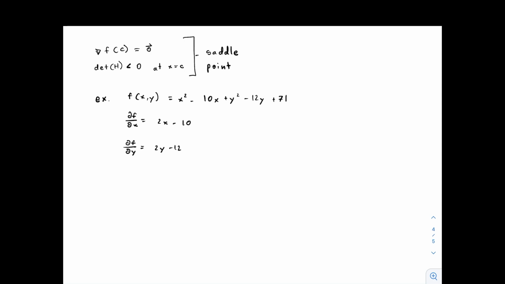Being a little bit lazy about notation, if we set this equal to 0 and this equal to 0, the reason I'm being a little bit lazy about notation is because there's no term that involves both x and y, and this is essentially a separable case. From here we get that x is equal to 5 and y is equal to 6. So that means that the point (5, 6) is a critical point.